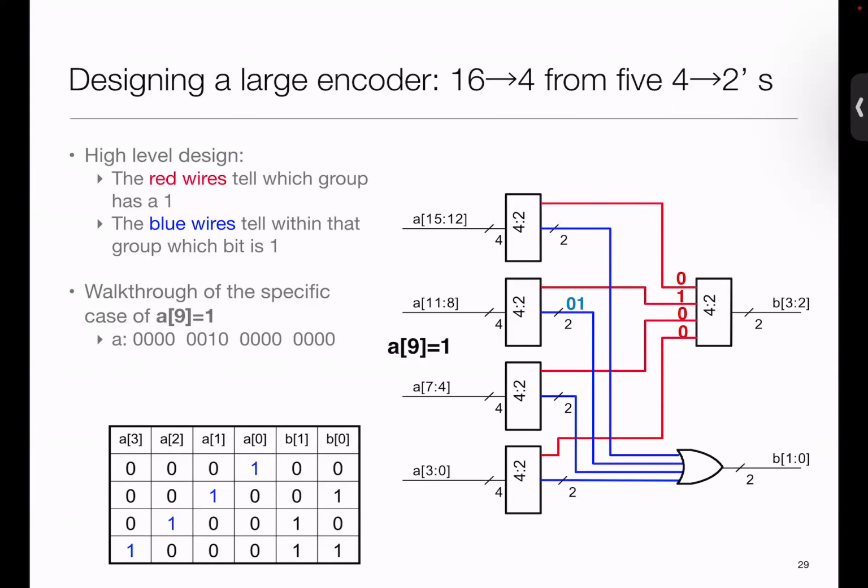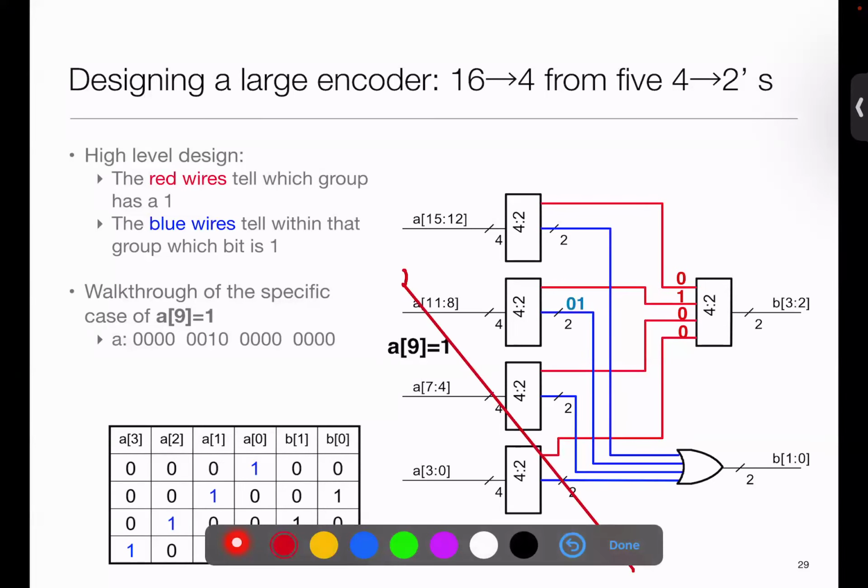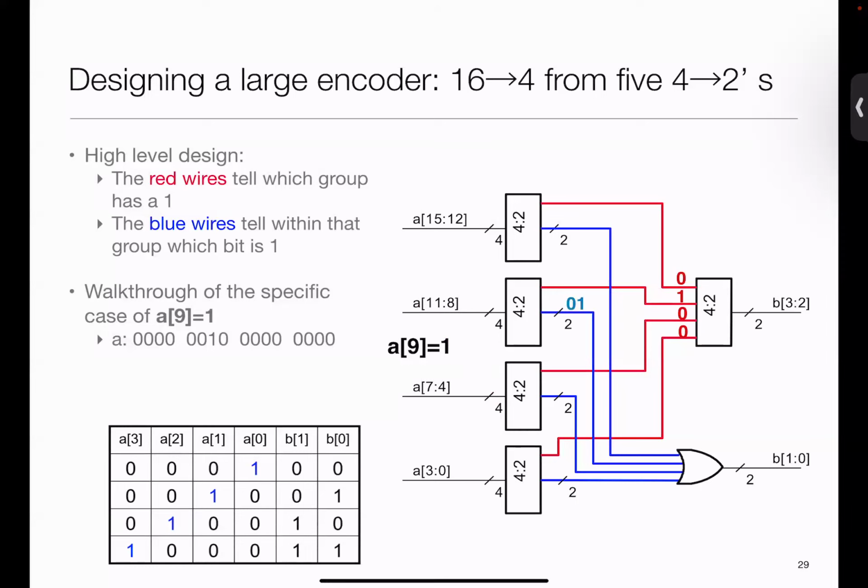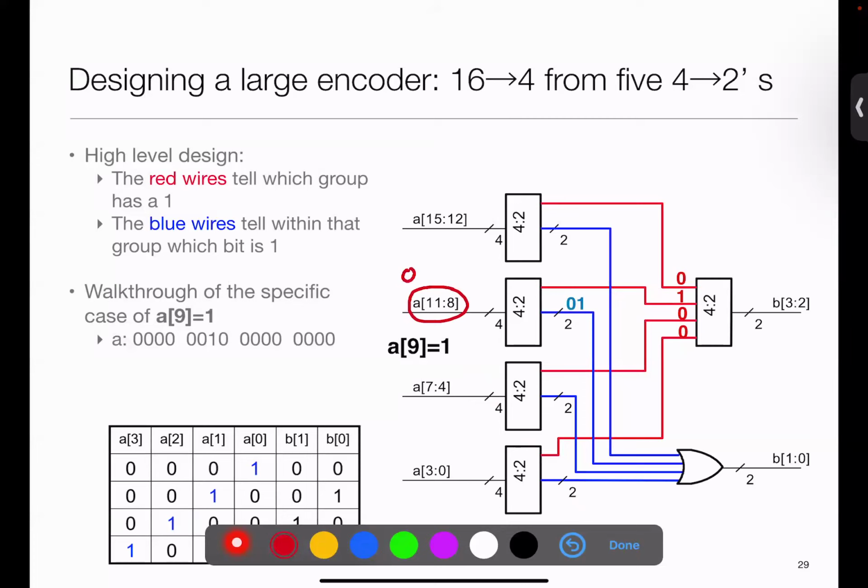Furthermore, A9 is 1, so if I look at A11 to A8, it would look like 0 0 1 0. 0 0 1 0 means, when encoded, the value is 1, because bit position 1, starting with B0, is bit 0, 1, 2, 3.